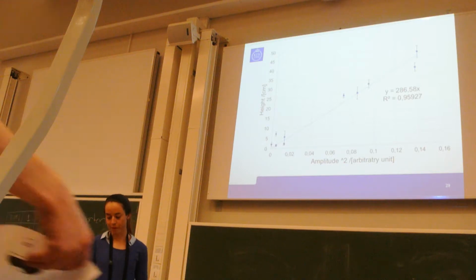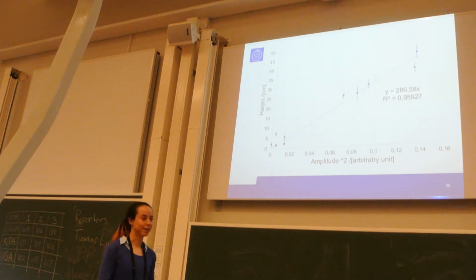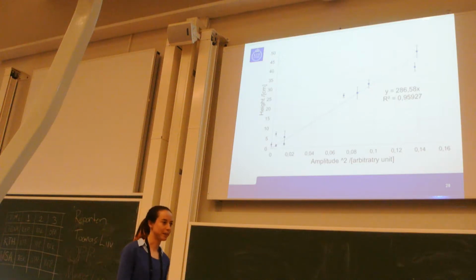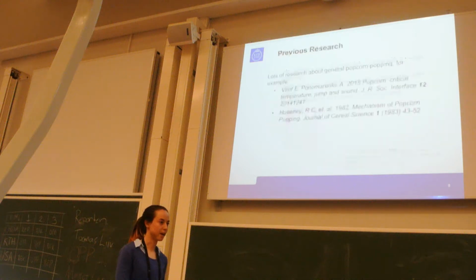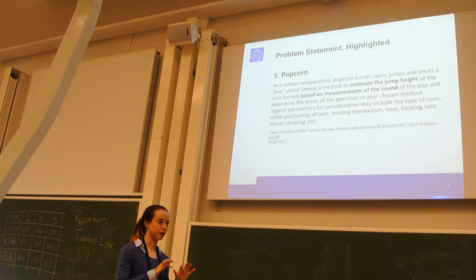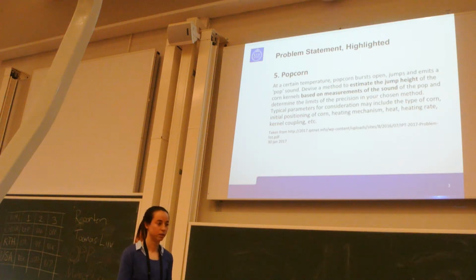And then just to move on to another point, in terms of the influence of other kernel parameters, if you were to include them in your experiment, can you speak briefly to what you think the effect of parameters like the size, shape, and thickness of the shell of the kernel would be? Yeah, if the shell is thicker, it will withstand a much higher pressure.